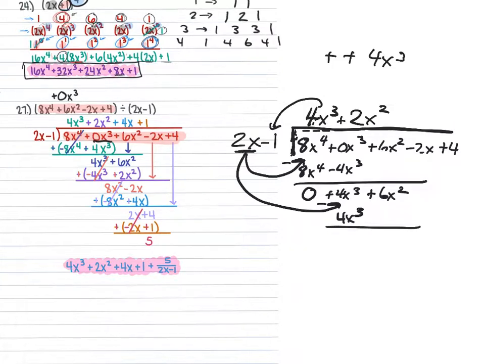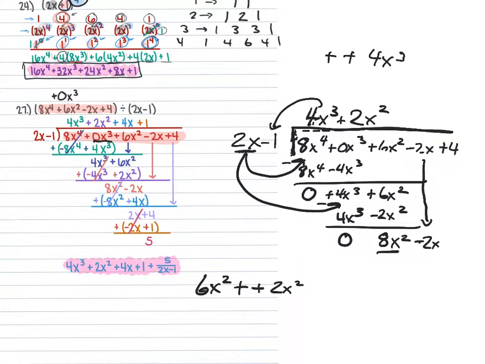And 2x squared times negative 1 is negative 2x squared. 4x cubed minus 4x cubed is 0. And 6x squared minus a negative 2x squared becomes 8x squared. Bring down the negative 2x.